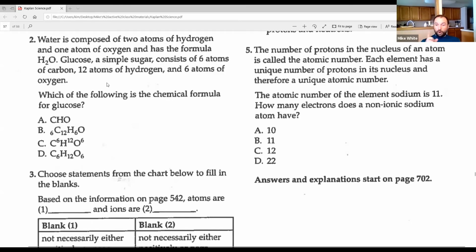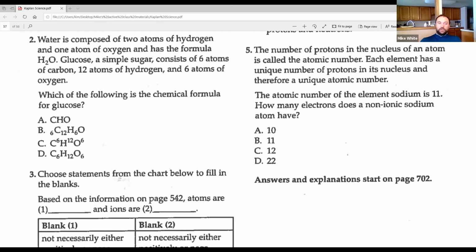And together they make 1 molecule of water. And so they go on to say that glucose, a simple sugar, consists of 6 atoms of carbon and 12 atoms of hydrogen and 6 atoms of oxygen. Which of the following is the chemical formula for glucose?